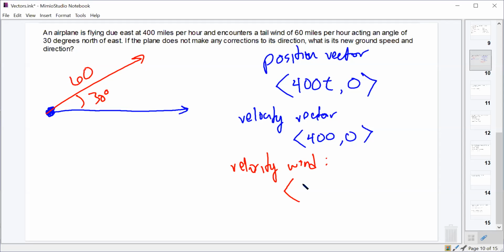Yep, times cosine, right? So it should be 60 times the cosine of our angle, because that's telling us the x component of what that wind is doing. Cosine of 30 should give us the adjacent side to the angle, which is our x direction, and it's the magnitude times the cosine of that angle. And so what should the y component be?